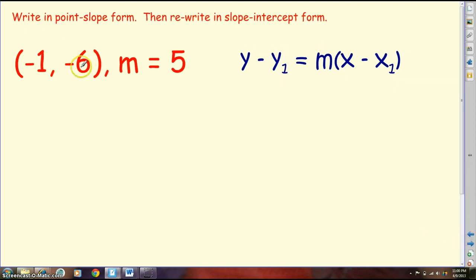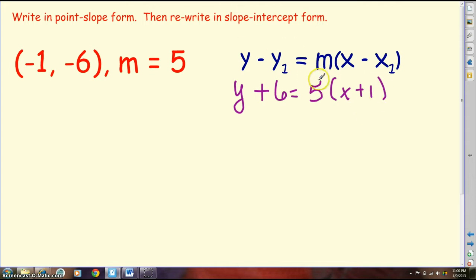Alright, let's try the second one. So we keep the y minus, our y value is negative 6, so minus a negative 6 is a plus 6. In place of our m, we plug our m value in, and then it's x minus negative 1. So minus a negative makes a plus.